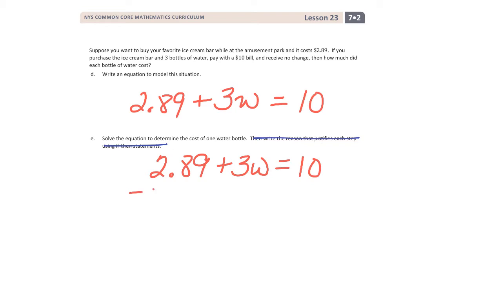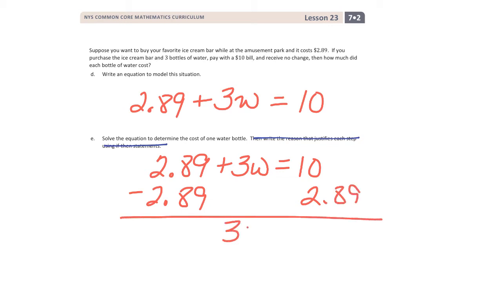Alright, so I'm going to subtract $2.89 from each side. And when I do that, 3W is equal to $7.11. So now I'm going to divide $7.11 by 3.